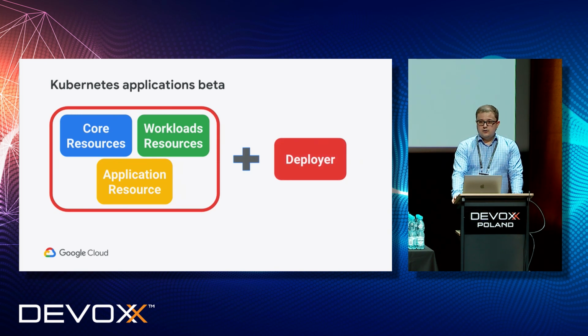There is also GCP Marketplace, which I have to actually advertise today, because this is something I'm particularly proud of. Being a partner engineer at Google actually means that I work with tech partners of Google to help them bring their awesome products to GCP.